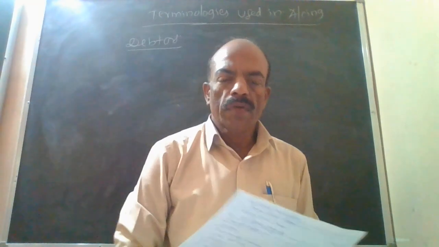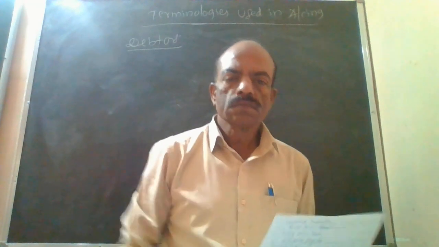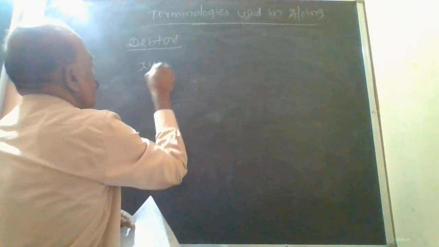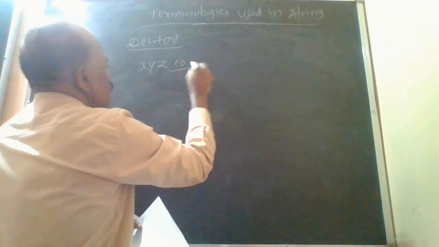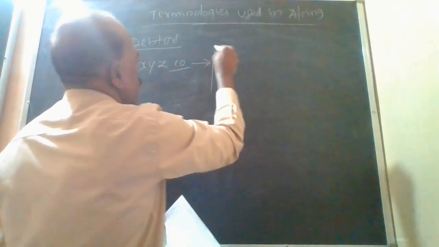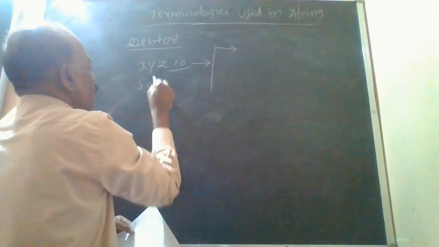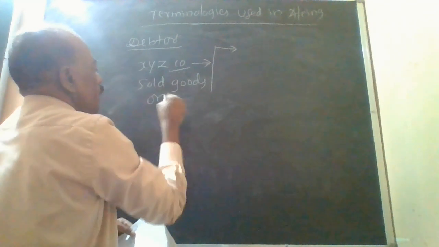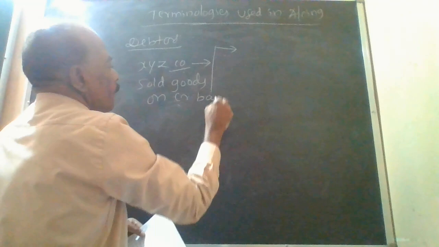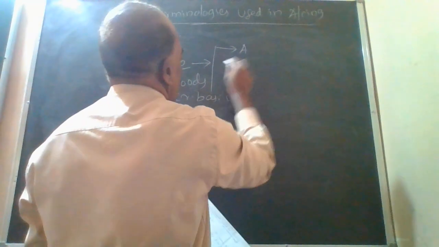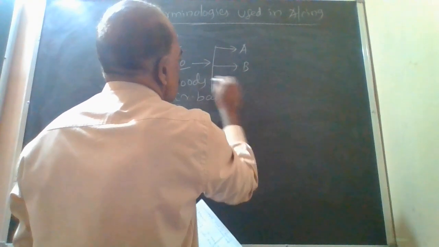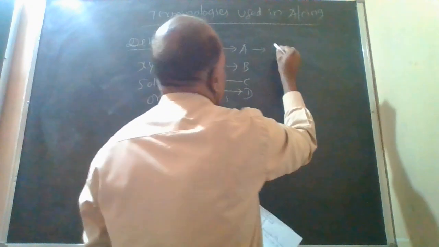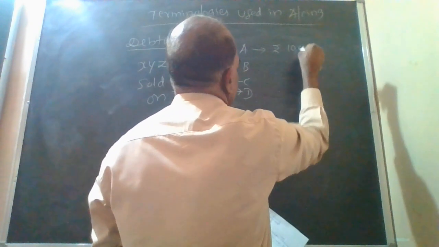For example, ours is an XYZ company. XYZ company sold goods on credit basis to various customers A, B, C, D. To A they sold goods worth rupees 10,000.